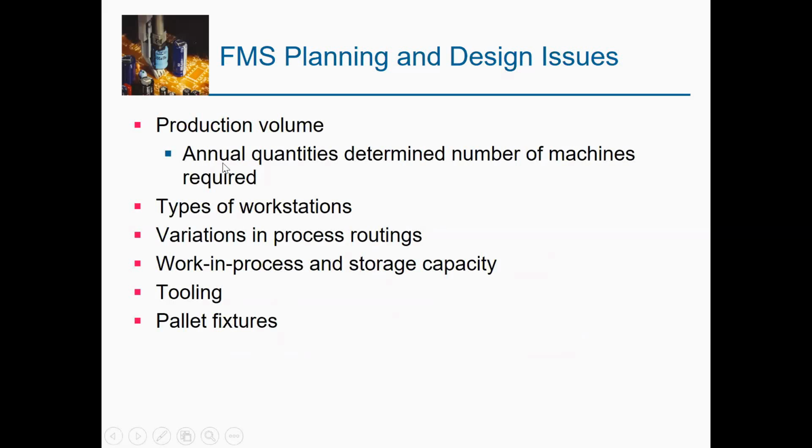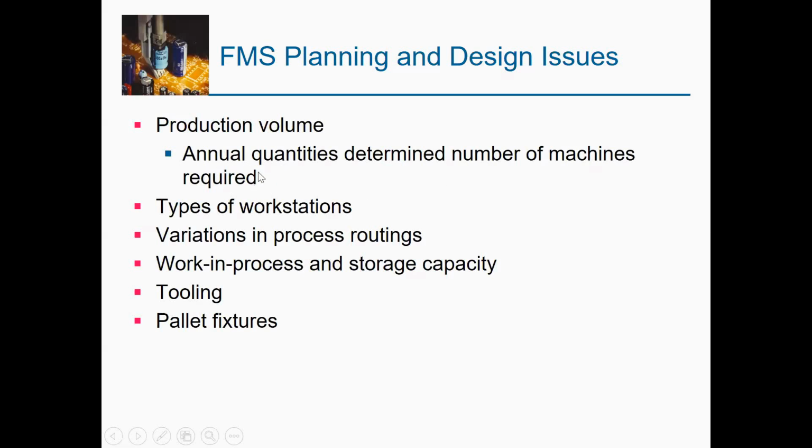Production volume. So what is the volume of production? Is it a process flow, production flow, or job shop flow? Mass production, batch production, or job production, right? Annual quantities determine the number of machines required.